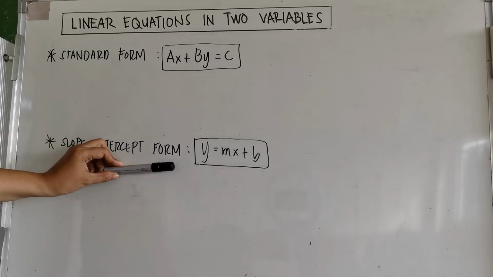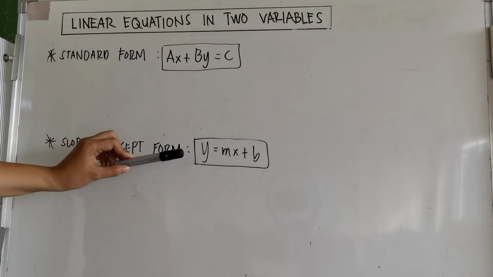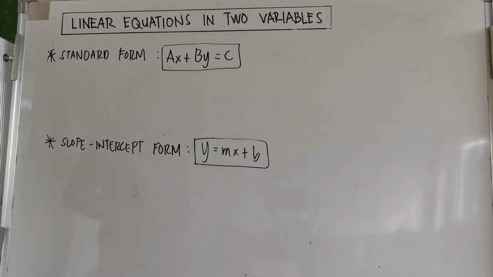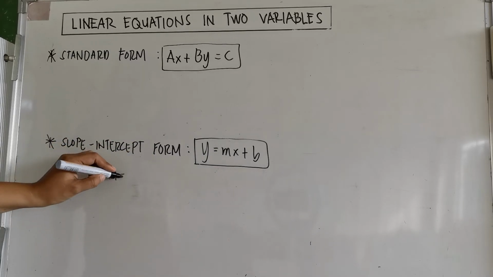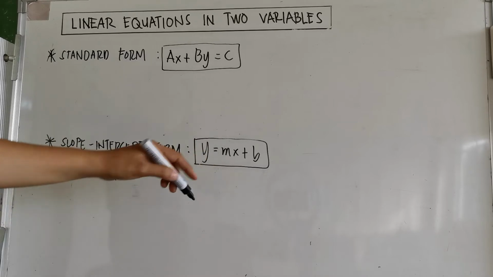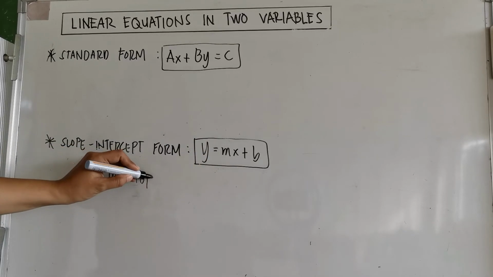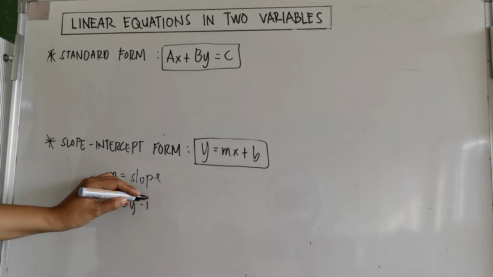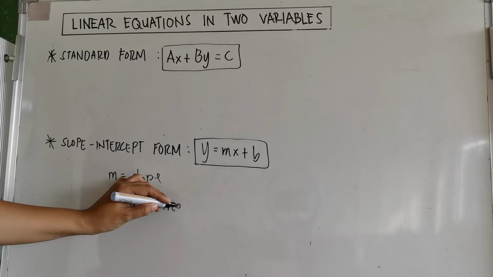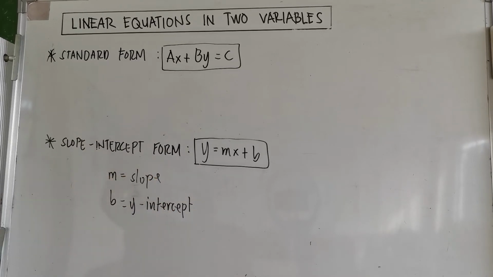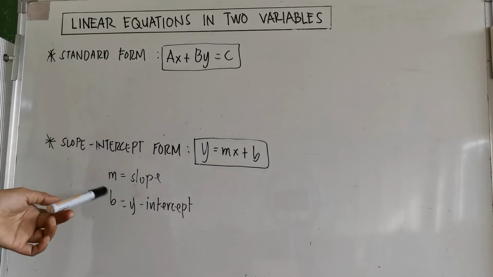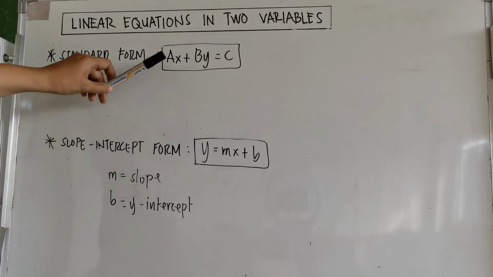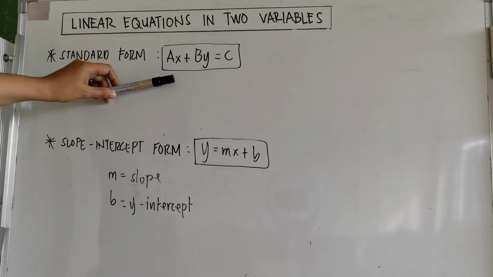So take note that this is called slope-intercept form because m is or stands as our slope and b is the y-intercept.